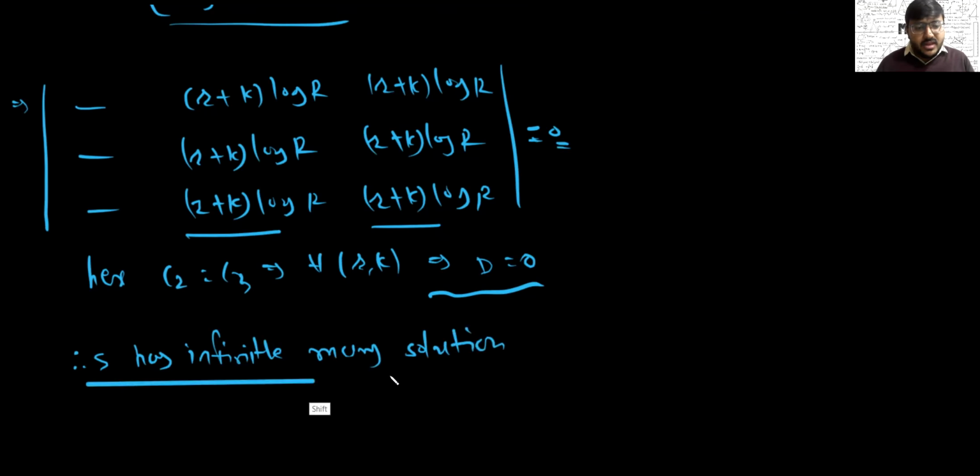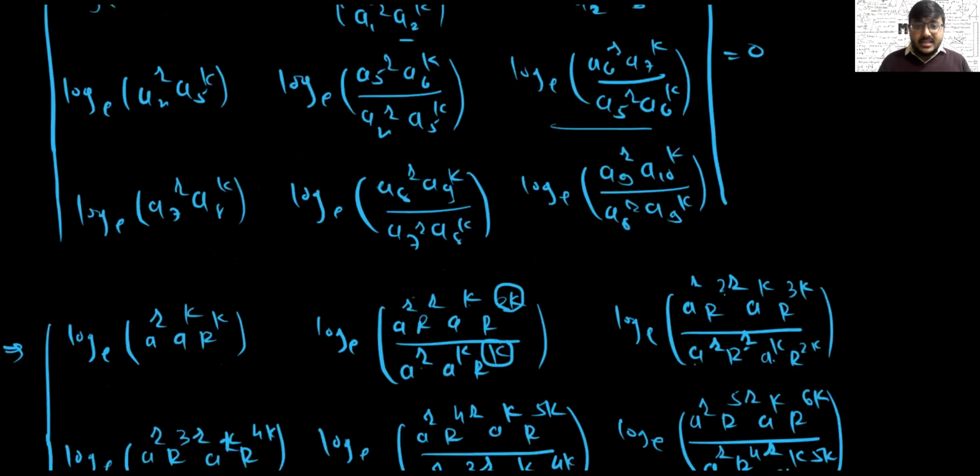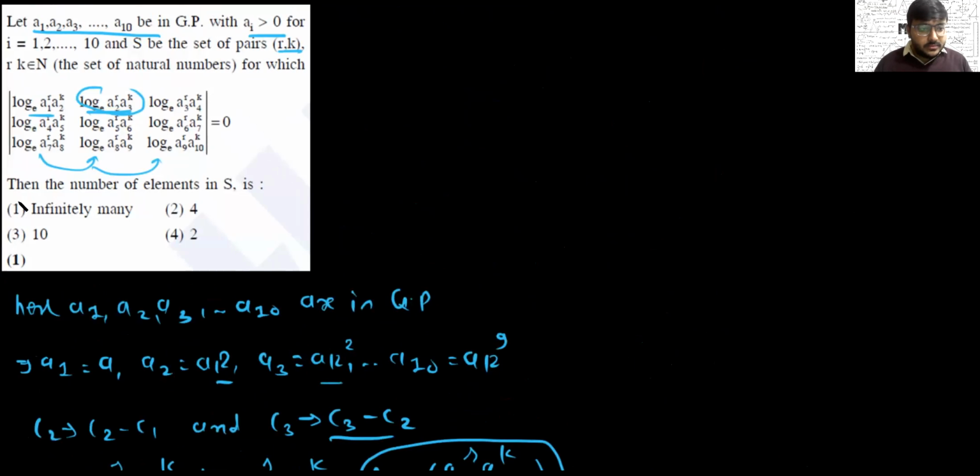As the determinant is not depending on any particular pair of r and k, that will be your answer. That is option number 1, as you can check.